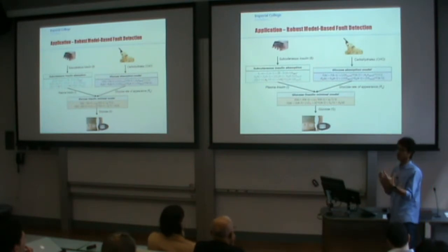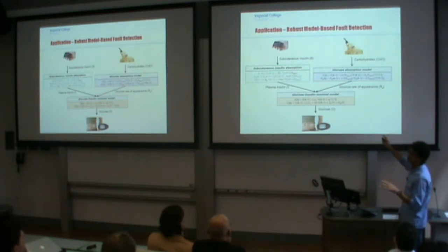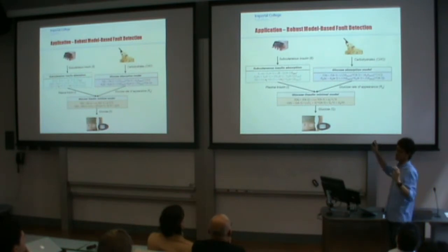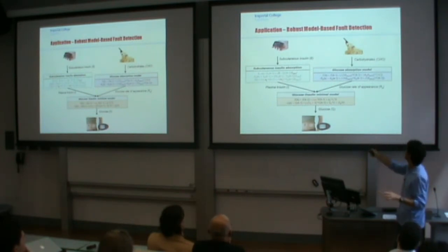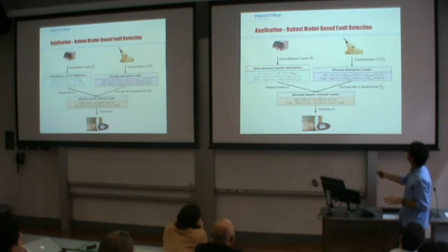We need a model that models the absorption of carbohydrates into the bloodstream. These models are independent, so we can identify them independently because we measure the inputs. But today we are going to just focus on the identification of the glucose-insulin model.